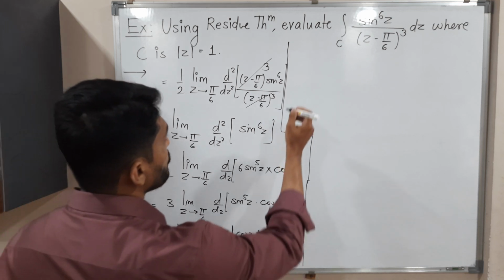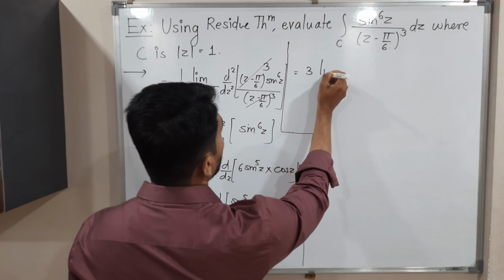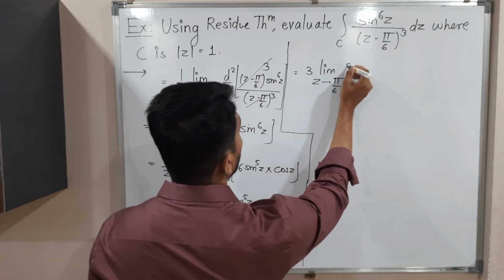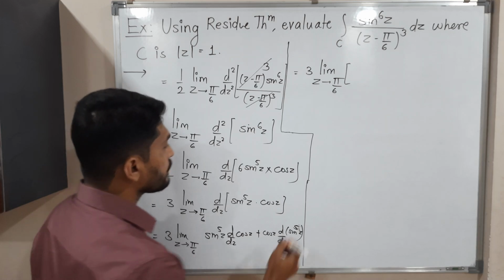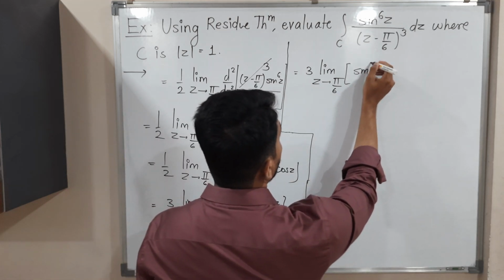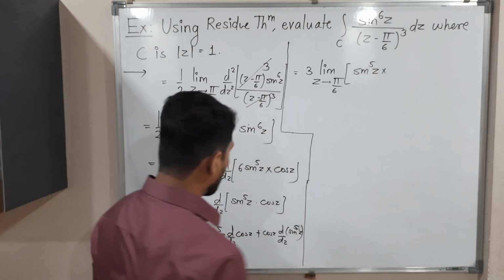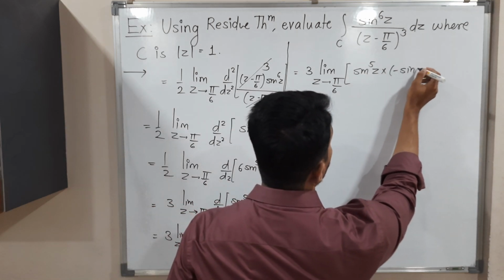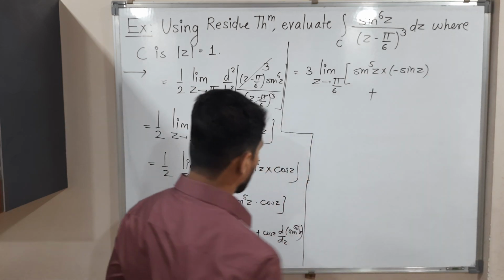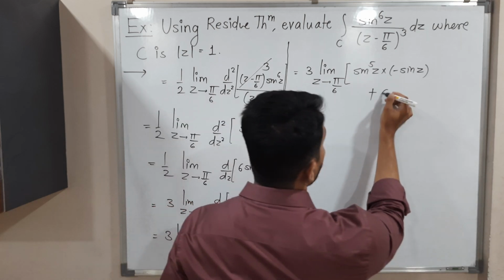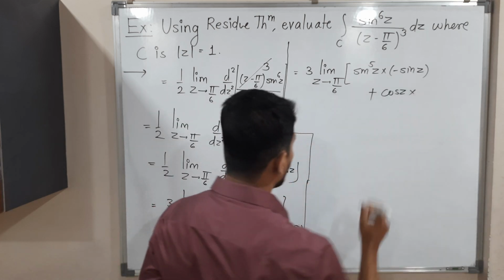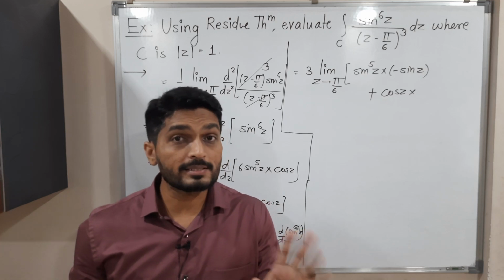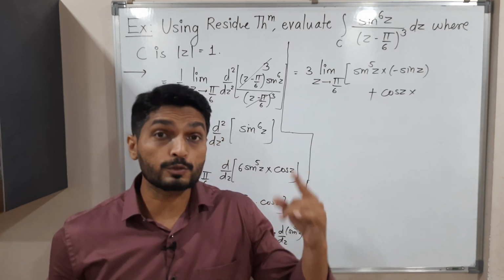So let us find the derivative now. 3 is a constant, 3 limit z tends to pi by 6, sine raised to 5z as it is, into derivative of cos z, which is minus sine z, plus cos z as it is, into, now we have to take the derivative of sine raised to 5. There is not only sine, it has some power also, raised to 5.